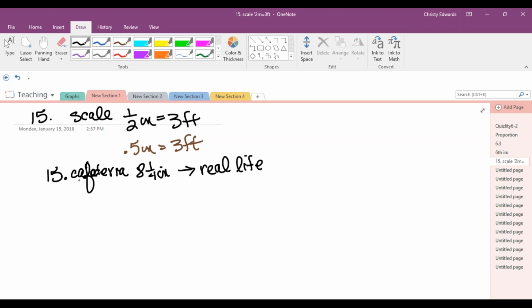Yeah, it's fine. Okay. As I advised you the other day, set up a proportion, because the relationship between the scale, 0.5 inches to 3 feet, is proportional to how the cafeteria would be, 8 1/4 inches to the unknown real life feet.